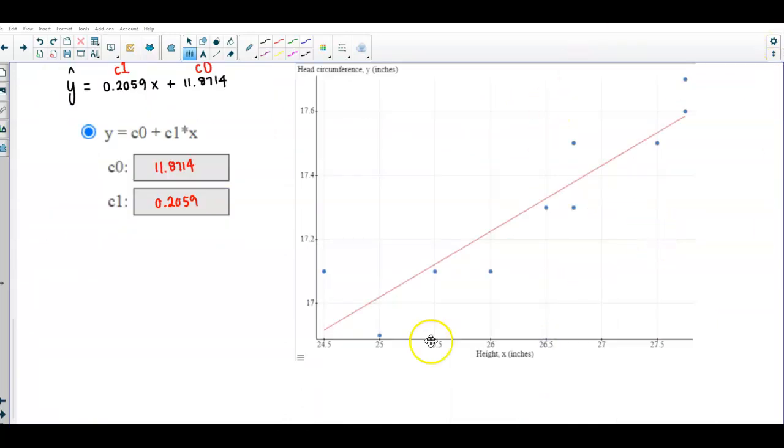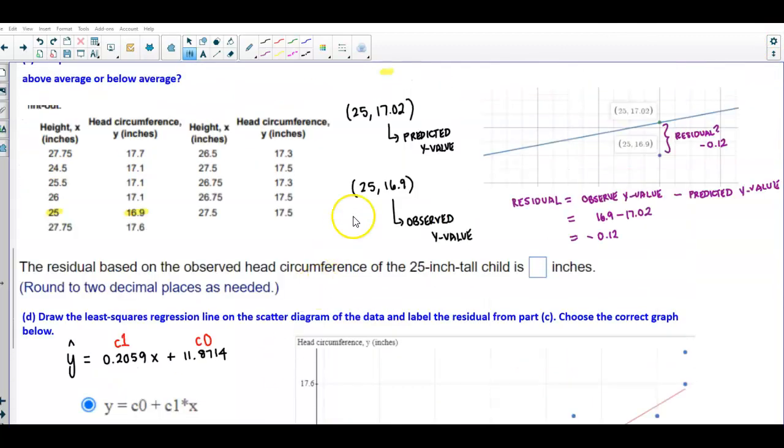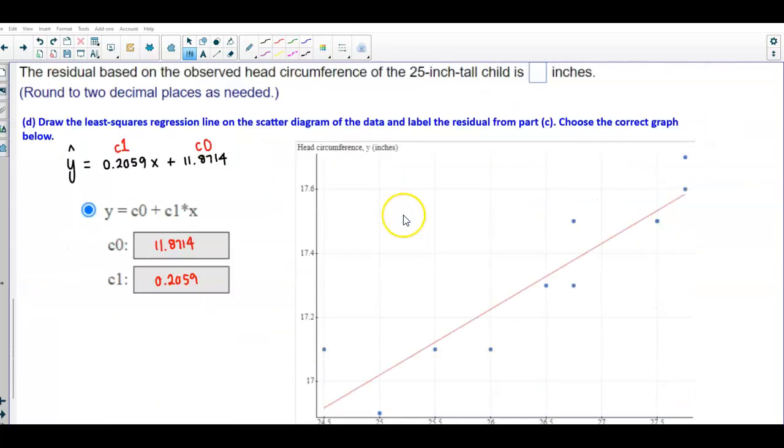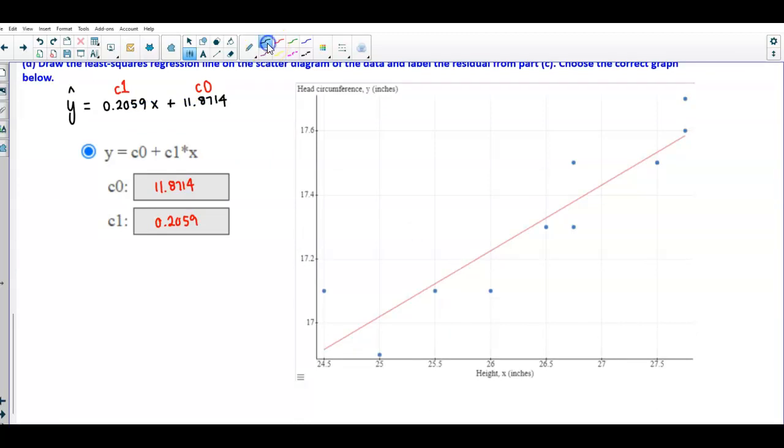Okay, so what we want to do is identify the residual. But in order to do that, let's take a look at the points we've identified. The first point we identified was the predicted value, which is 25 and 17.02. So the predicted value, which is right on that point there, is the predicted y, and that was the ordered pair 25, 17.02.